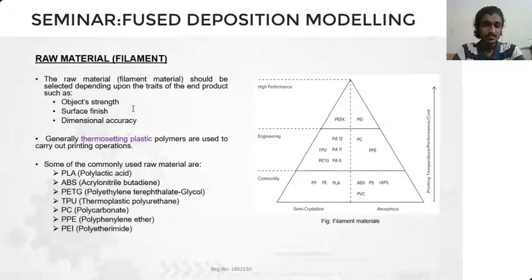Depending upon the object strength, surface finish and high dimensional accuracy, the raw material can be selected and used to build the product. Commonly used raw materials are polylactic acid, acrylonitrile butadiene styrene, thermoplastic polyurethane, polycarbonate, and various other thermoplastic materials.